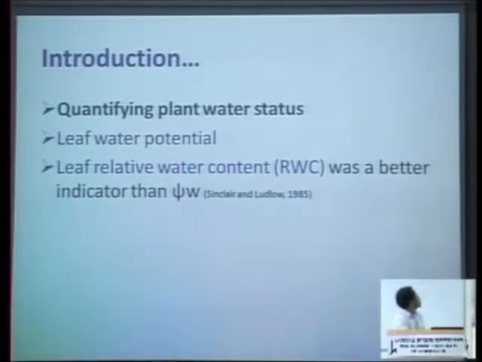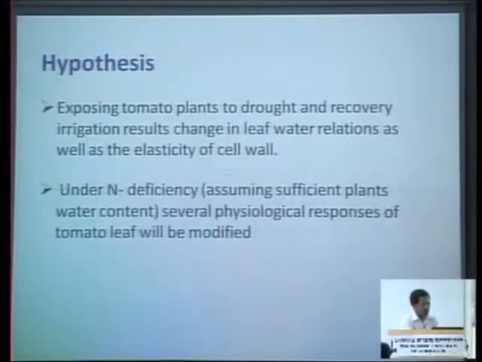There are controversial ideas in determining the amount of water in the plant: either taking water potential and considering it a better quantifying method, or relative water content. Different scholars have different perspectives here.